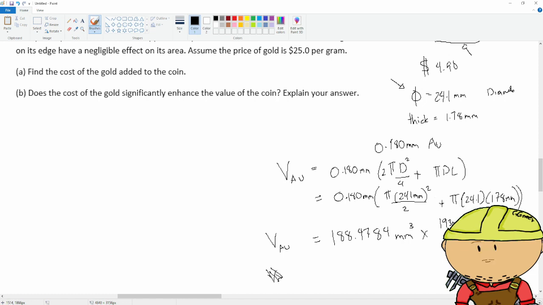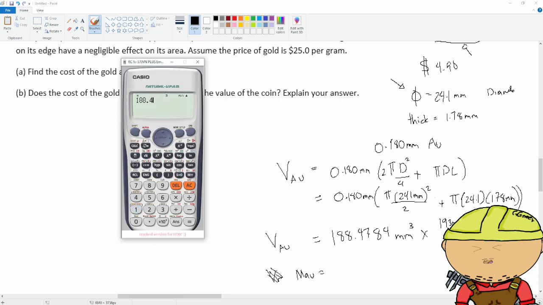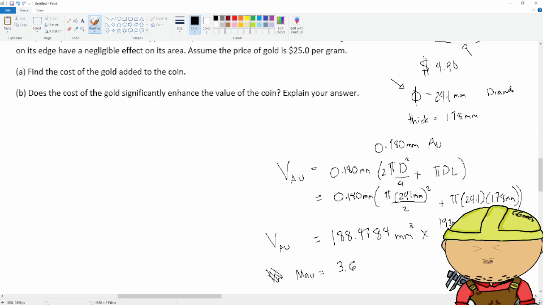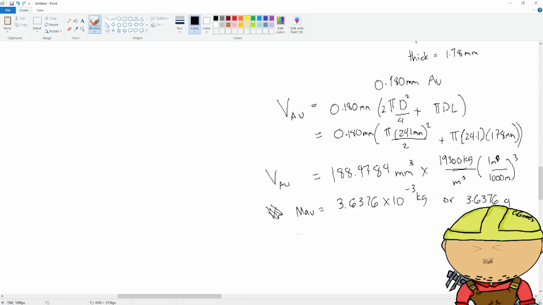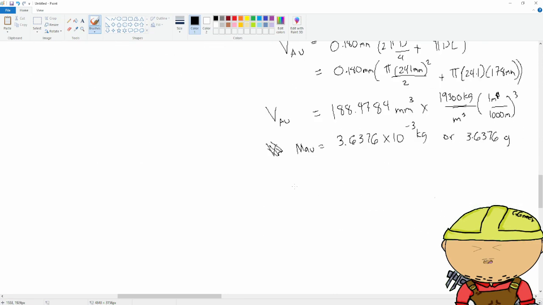So the mass of gold is 188.4784 times 19,300 divided by 1,000 divided by 1,000 divided by 1,000. That is 3.6376 times 10 to the negative 3 kilogram, or 3.6376 gram, right? Multiply that by $25 per gram.